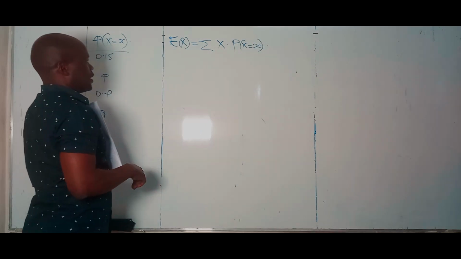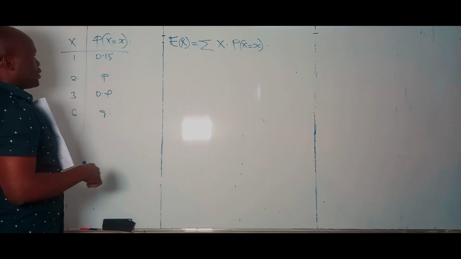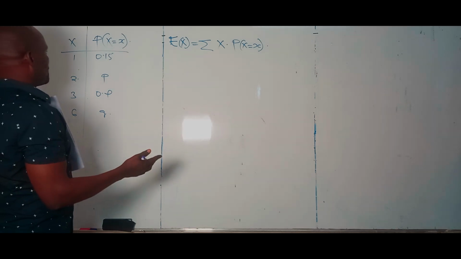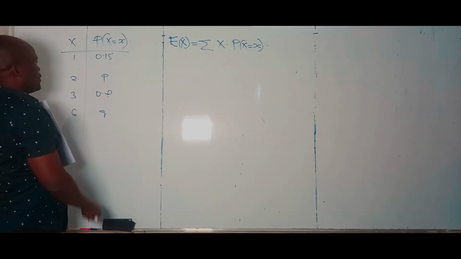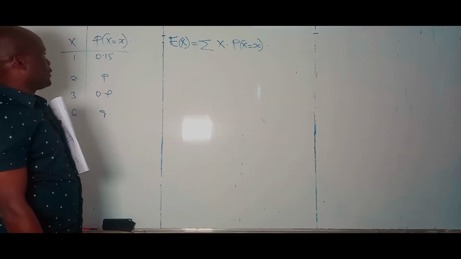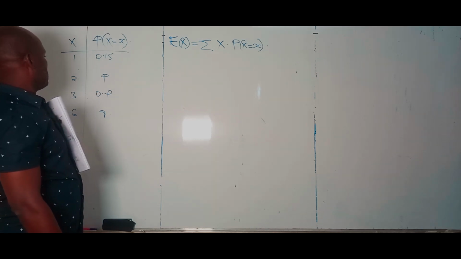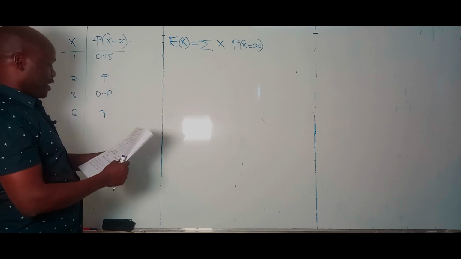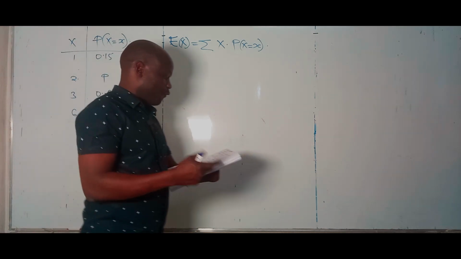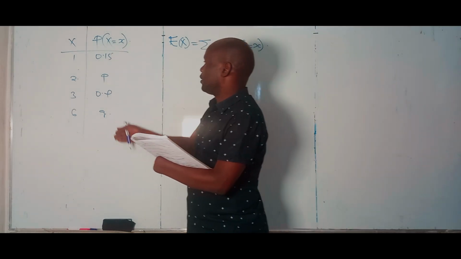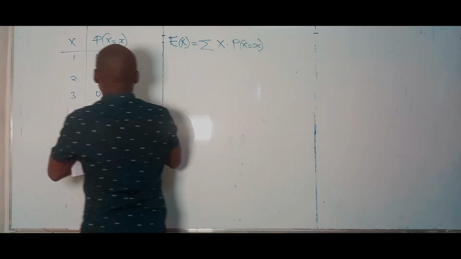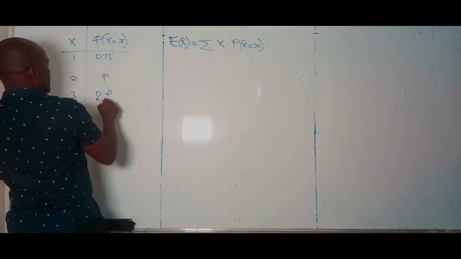That is what gives us the expected value. But again, we also know that the sum of the probabilities should give us 1. So we can use that fact to form an equation involving the probabilities whose sum should be 1. And the only unknowns are p and q.